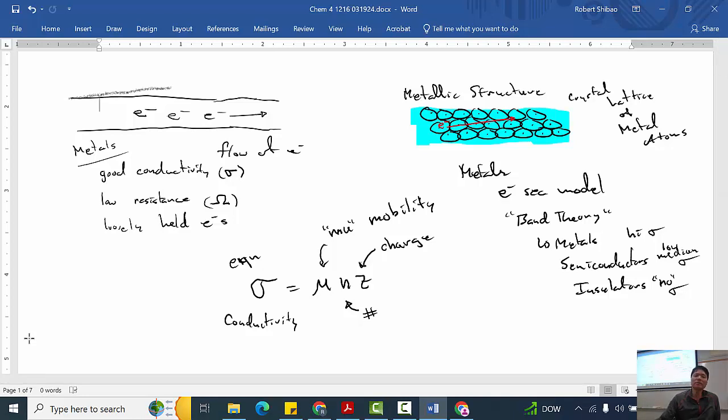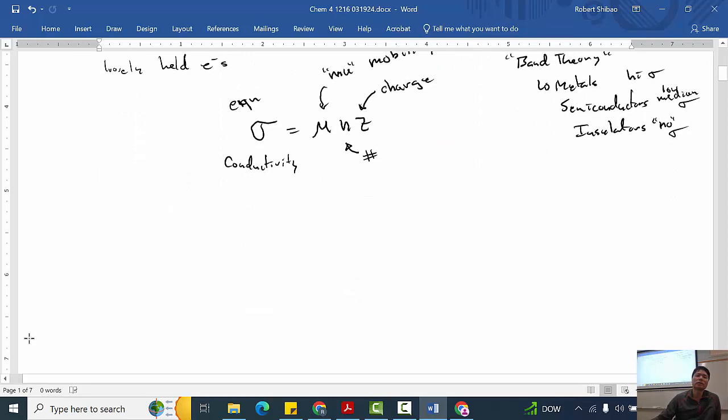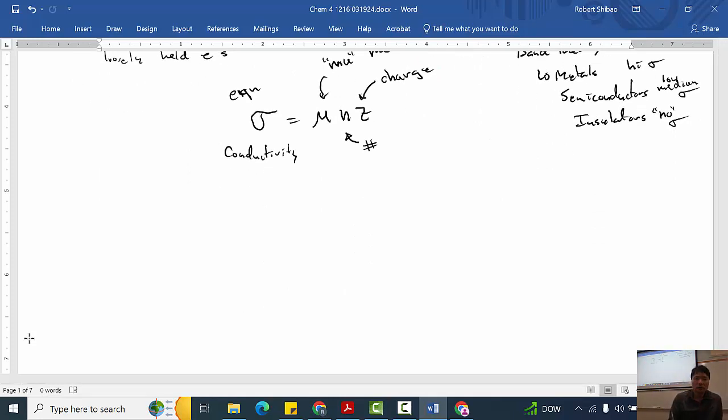Well, we classify things in three categories. Conductor, you know, a metallic conductor, we could say. A semiconductor, or an insulator. And so conductors are going to have high conductivity.